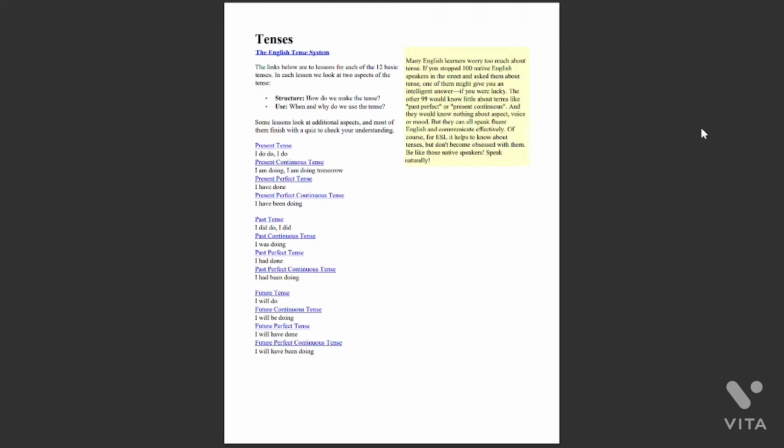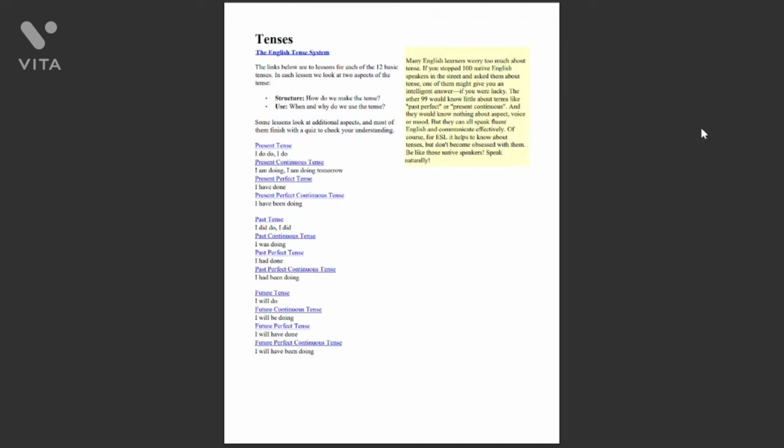And about the future tense, I will do, which is going to happen. Future continuous tense is like I will be doing. Future perfect tense, I will have done.